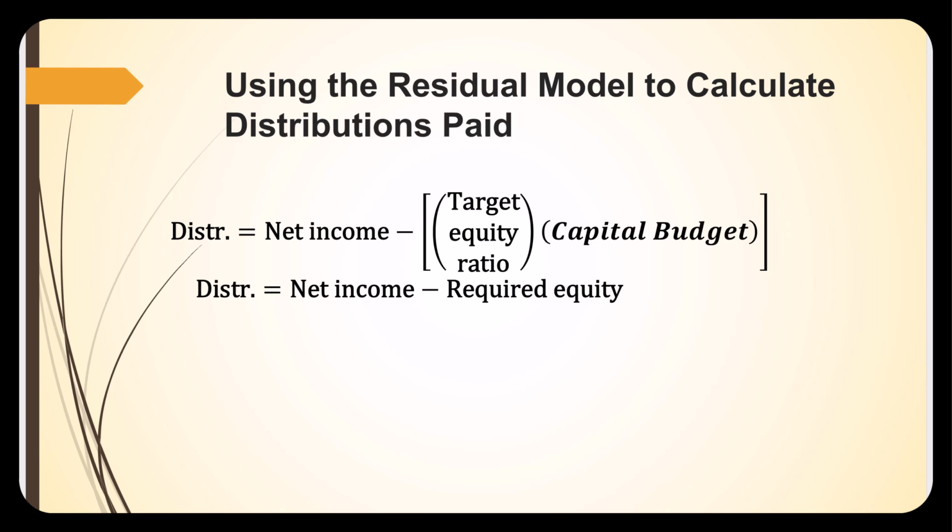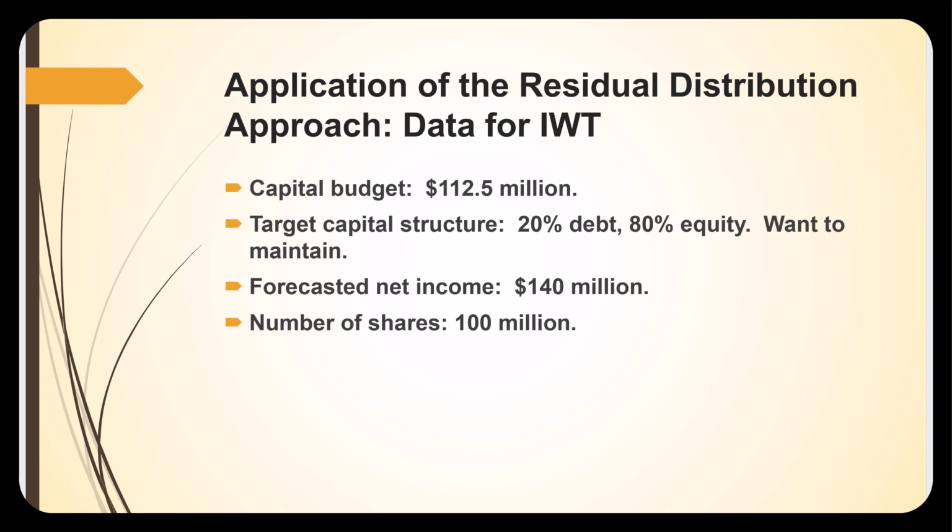And we multiply that by our capital budget. The capital budget is the money we want to spend next year. Some of that is going to be spent or gathered with equity. The first kind of equity we want to think about, though, is retained earnings, internal equity. So this will tell us what our distribution should be.